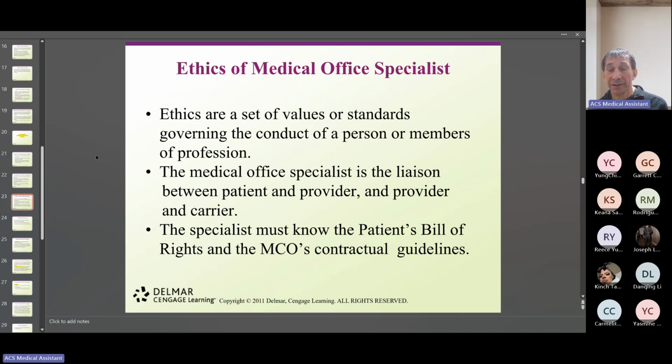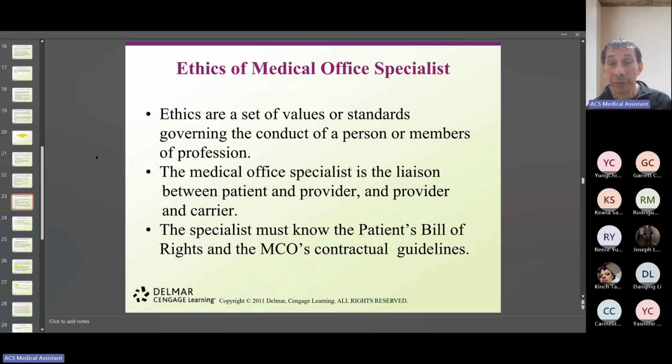Now, for us, for the insurance billers and coders, it applies the same. Because we should not use codes that are not the appropriate ones to bill for services. Remember, we are the ones who need to translate those text diagnoses and procedures into codes.